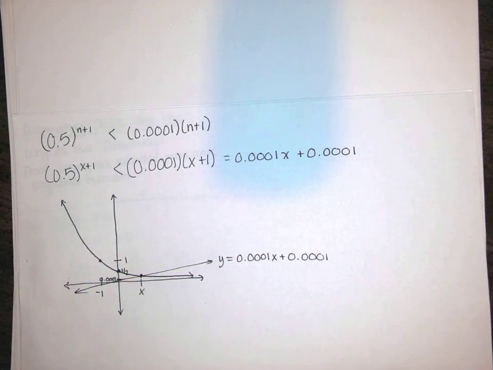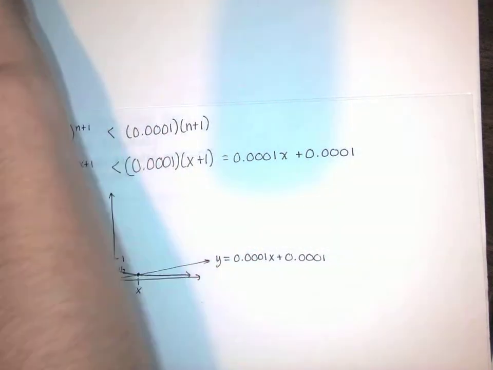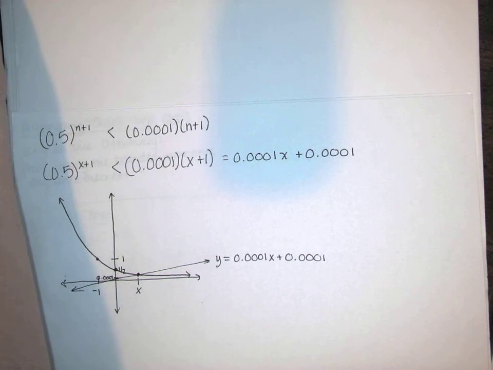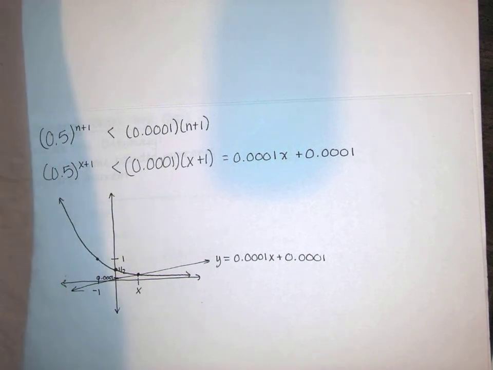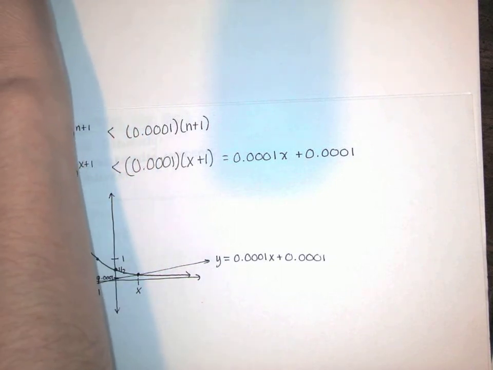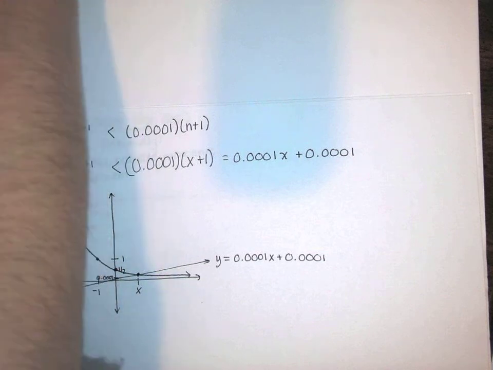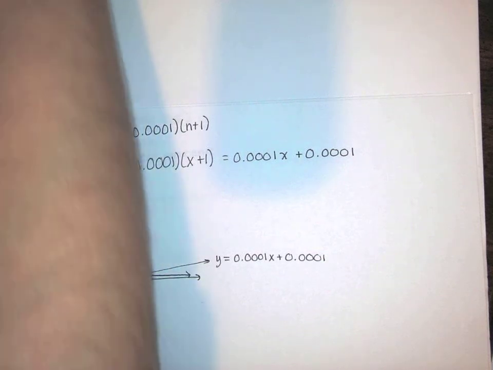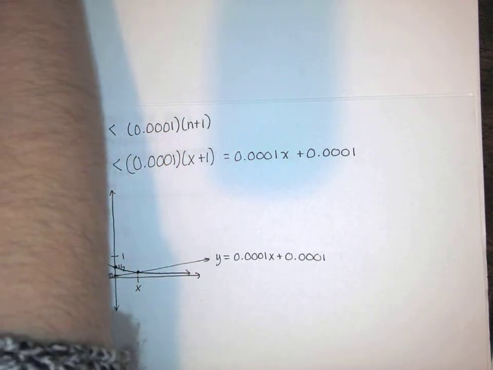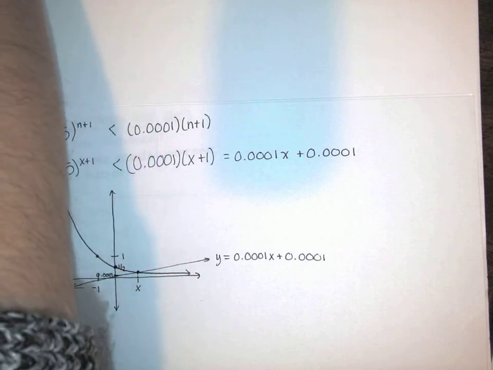So to find that point of intersection, I'm going to use a graphing calculator online. I'm going to use Desmos to approximate these two functions, and I'm just going to look at the picture online. So I have f of x equals 0.5 to the x plus 1. And then I'll have g of x equals 0.0001 times x plus 0.0001.